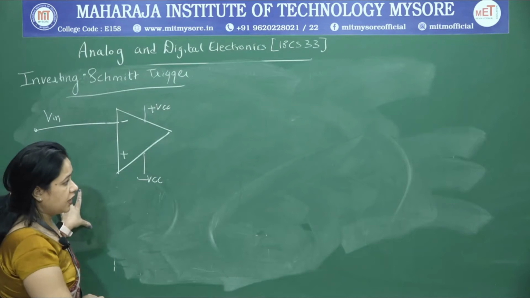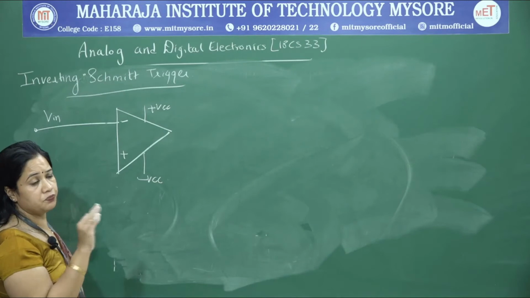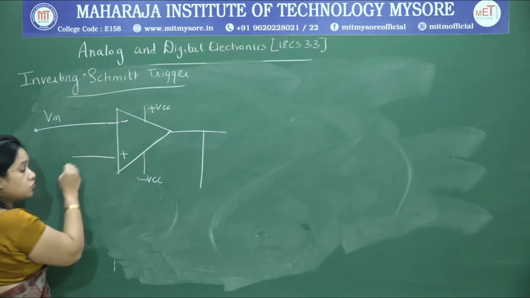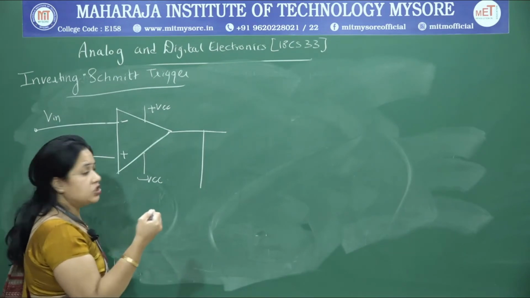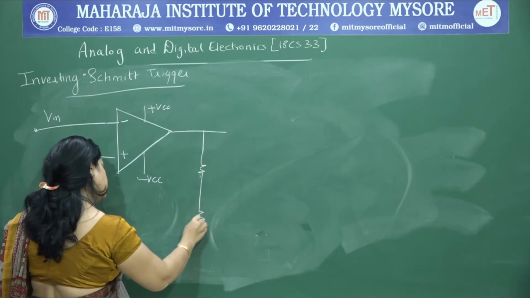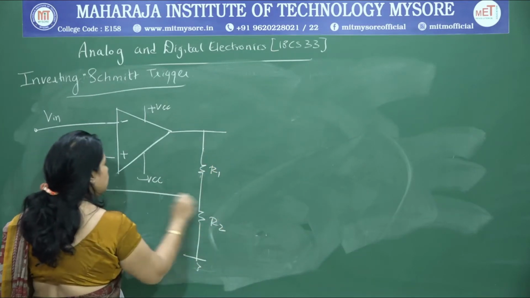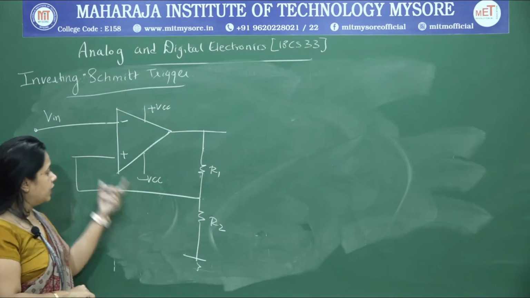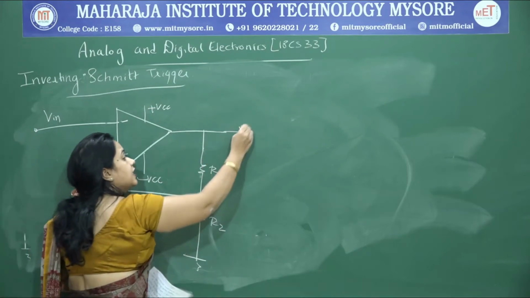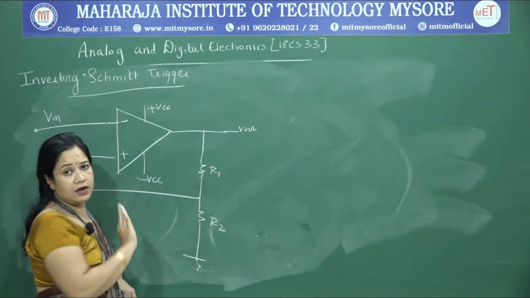And it has positive voltage feedback: a portion of the output is connected back to the input through a voltage divider circuit. So here the reference voltage at the non-inverting terminal is, at any instant, V out, the output voltage, into R2 divided by R1 plus R2.